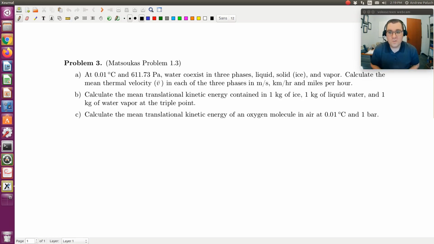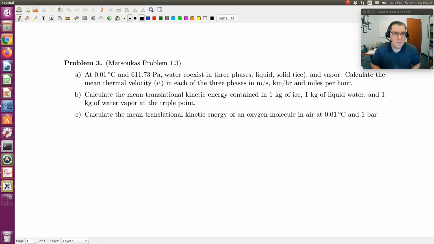Okay, so just looking at the first part, the thing to keep in mind from our Maxwell-Boltzmann distribution is that if I have two phases of coexistence, in this case I have three phases of coexistence. So if I'm at the triple point of water and I have a solid in equilibrium with a liquid in equilibrium with a vapor, those three phases are all going to be at the same temperature.